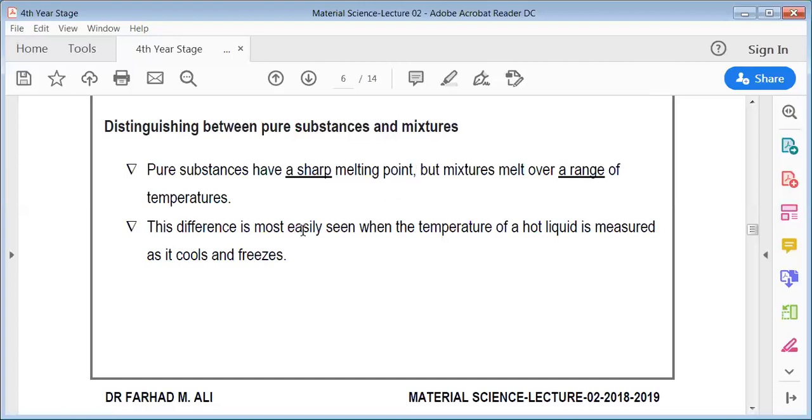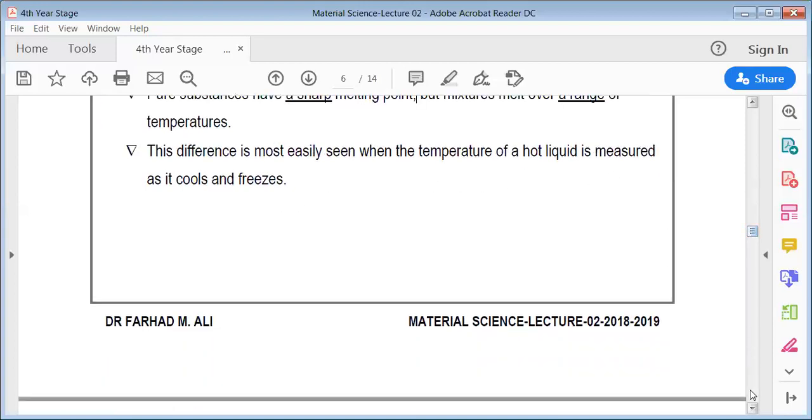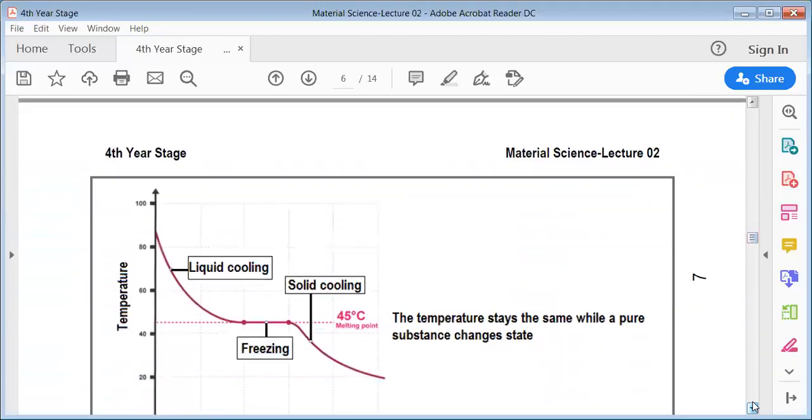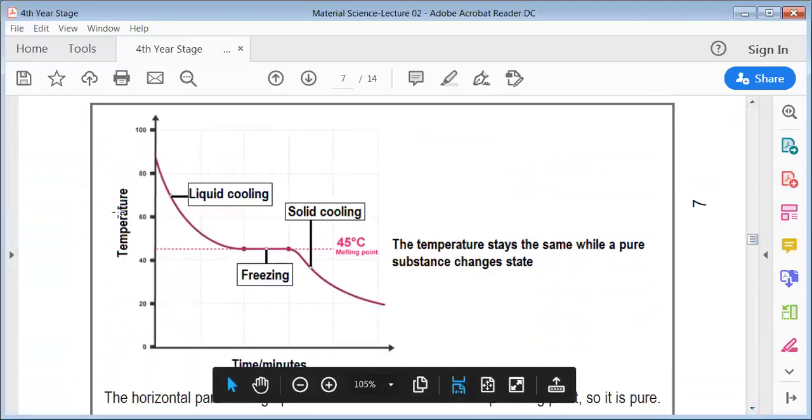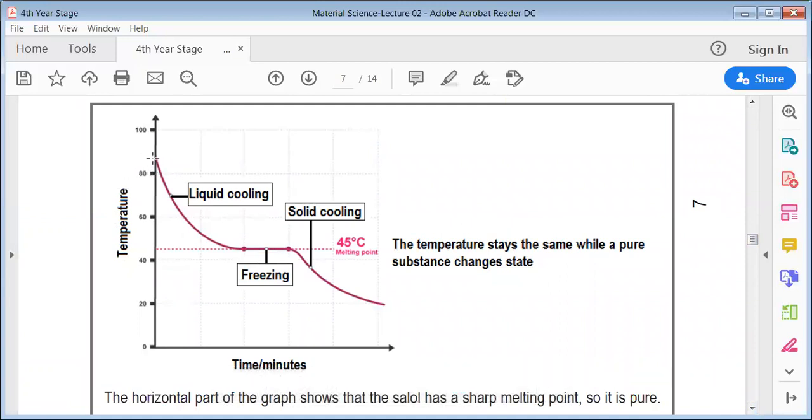The difference is most easily seen when the temperature of a hot liquid is measured as it cools and freezes. Look at this curve. We're cooling some material from about 85 centigrade, for example. The temperature goes down with time like a curve, that's the liquid cooling.